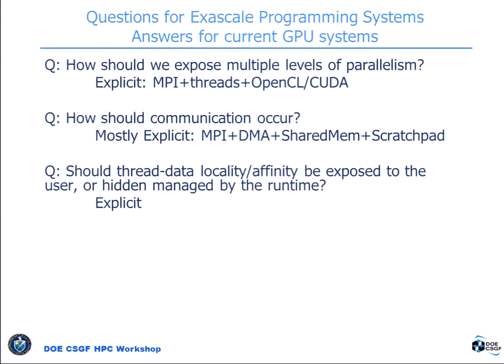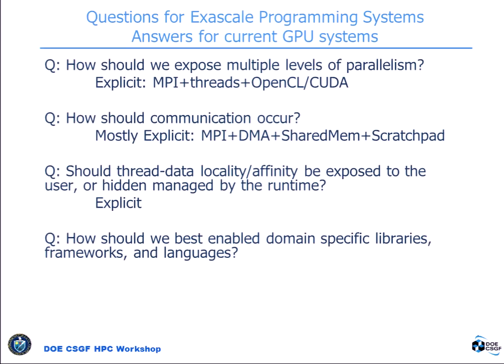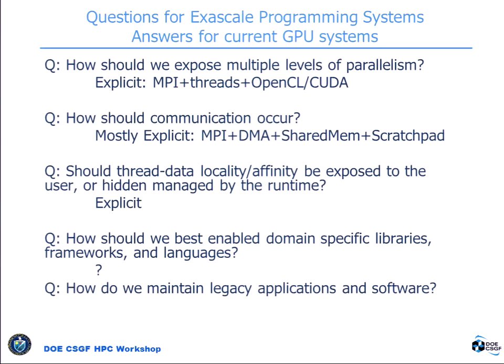It's not done for you automatically. This is the $64,000 question even for the Jaguar systems we have today. How should we best enable domain-specific libraries, frameworks, and languages? We found a lot of stovepiped ad hoc success stories, but we haven't found a real general solution to how to enable that particular capability.